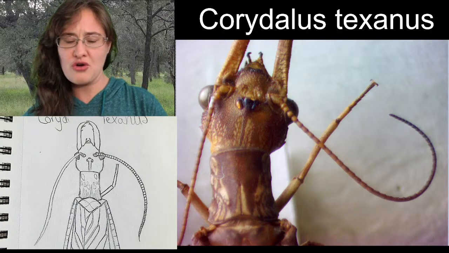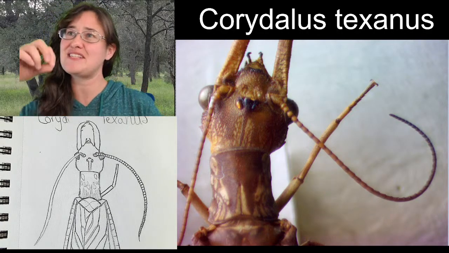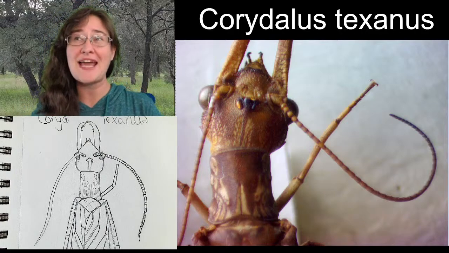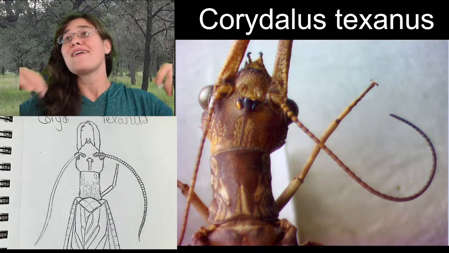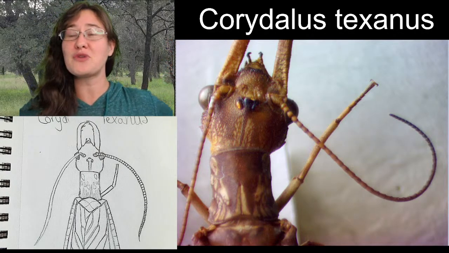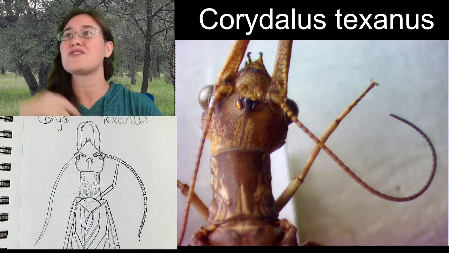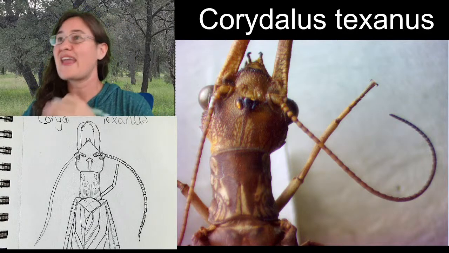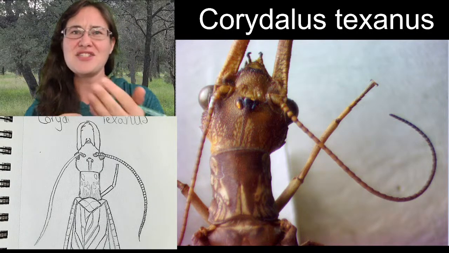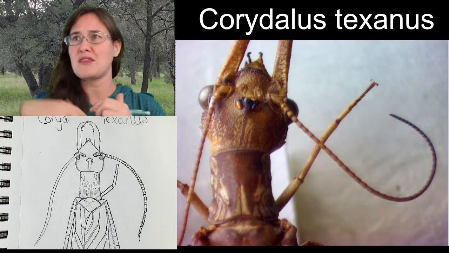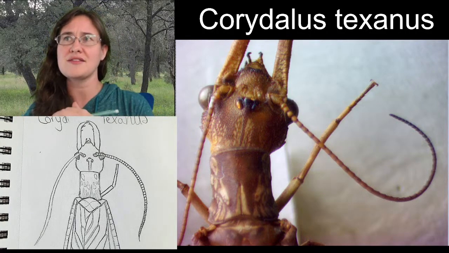Hellgrammites are known for having very, very specific microhabitats. Not like stoneflies, mayflies and caddisflies, especially caddisflies, which you'll find whether you're sweeping in leaf litter or in rocks.